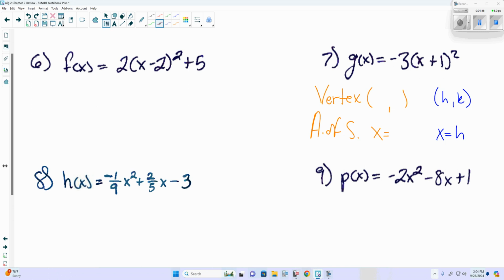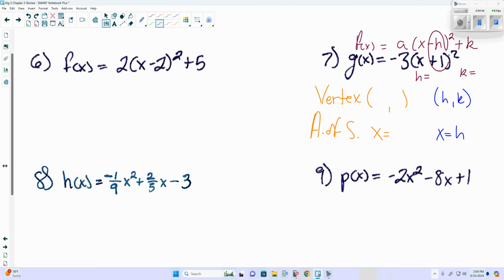Now in the general form, f of x or y is equal to a times (x minus h) squared plus k. And really what we need to find is the value of h and k. A for this case is -3, but we don't need it. We're just finding the vertex and axis of symmetry.